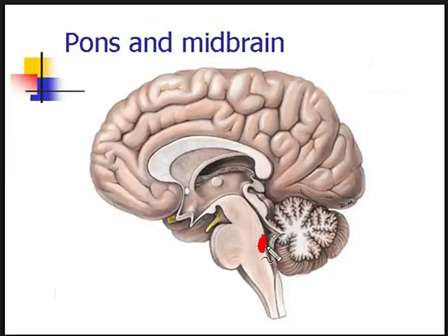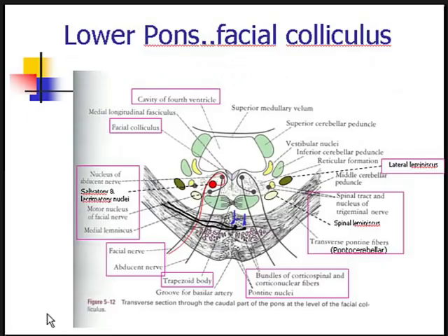That's the facial colliculus. So we'll take one section here at the level of the facial colliculus, and the next one somewhere here where the fifth cranial nerve is emerging. So that's where we are going to take the sections of the pons. So let's look at the lower level of the pons, which is at the level of the facial colliculus.